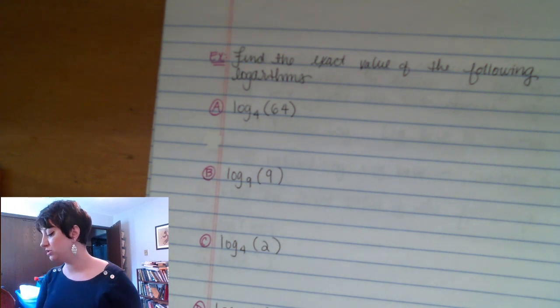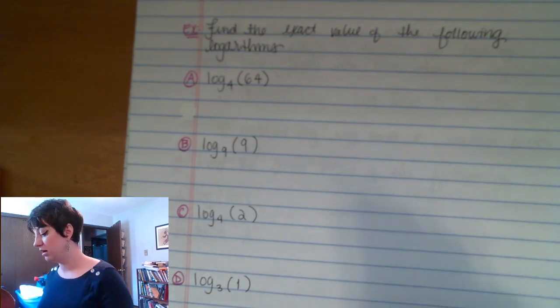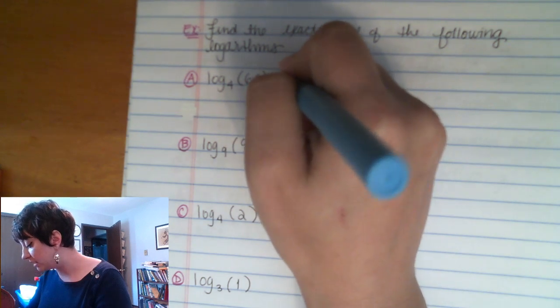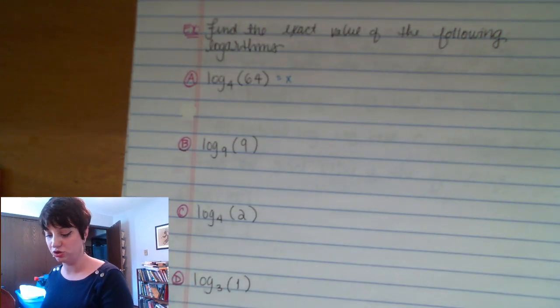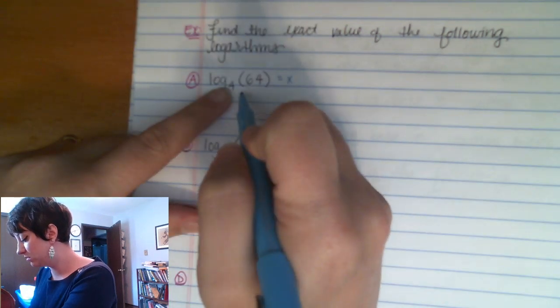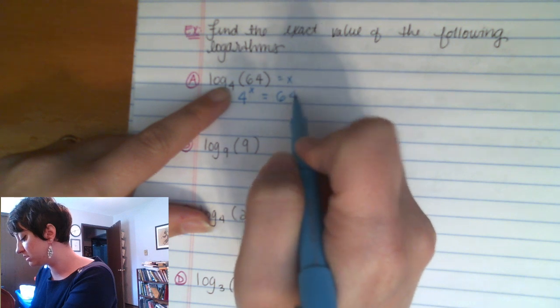So another type that I'm pretty sure they do make you do is some exact values of logarithms. So let's do some find the exact value. When I see this, if it helps, go ahead, write equals x, and then write it as an exponential. 4 to what power is 64?